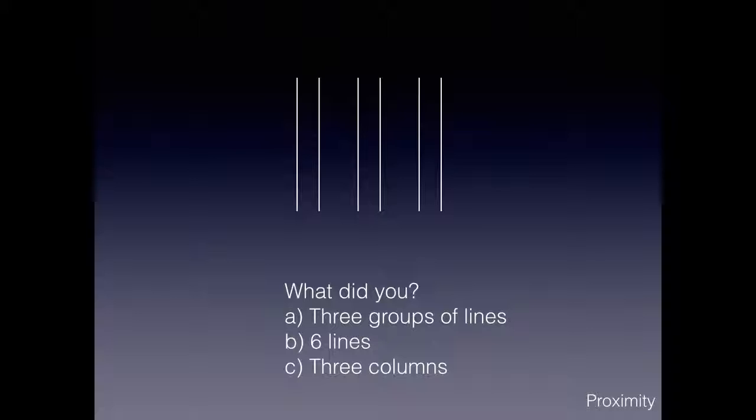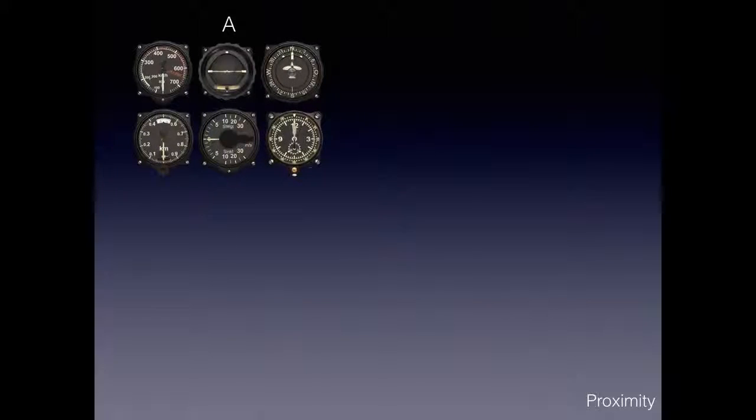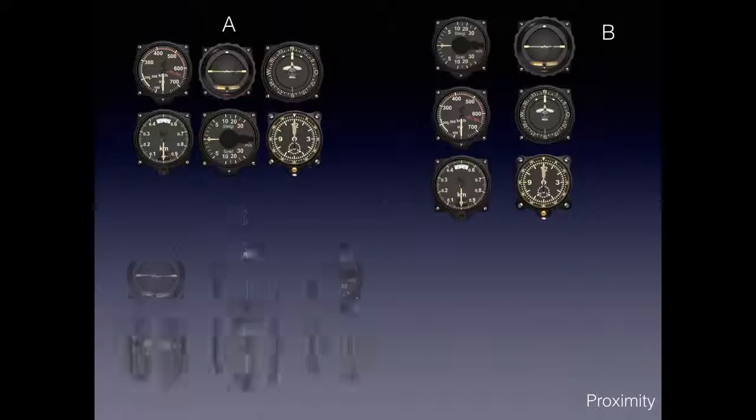This is another example, of proximity. What did you see? Is it a group of ten lines, or about six lines, or about ten columns? If things are close to each other, you start to do the grouping. Here is another example of proximity.